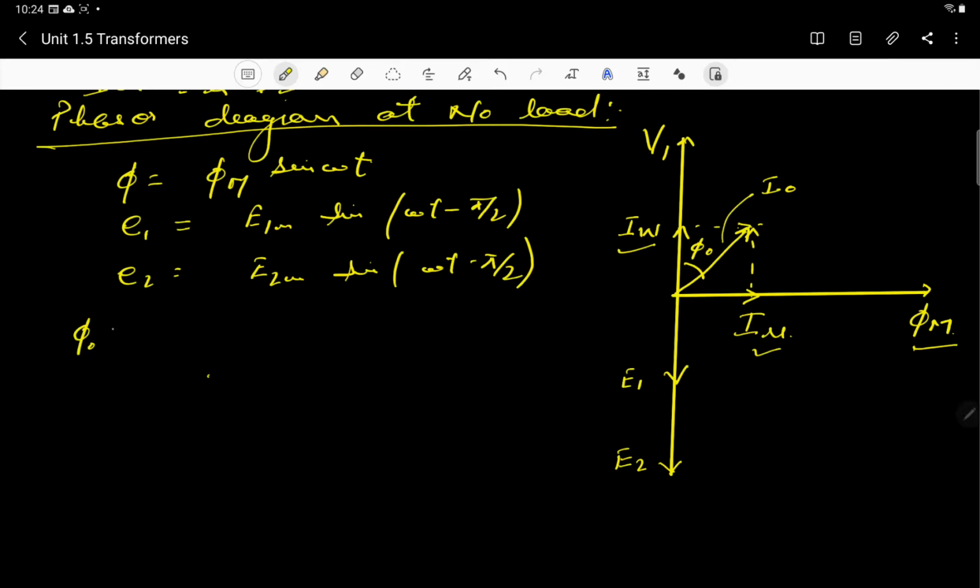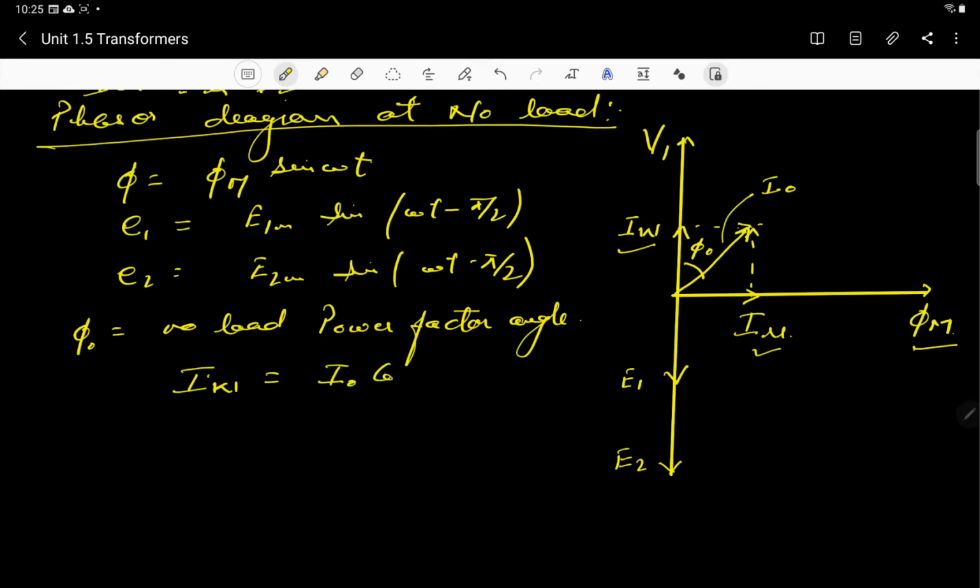Phi naught is what? No load power factor angle. All right. So from this phasor diagram you can see that IW equals I naught cos phi naught, okay.